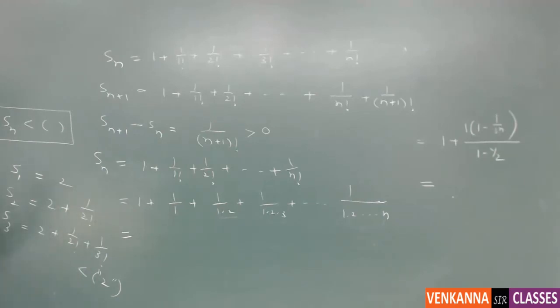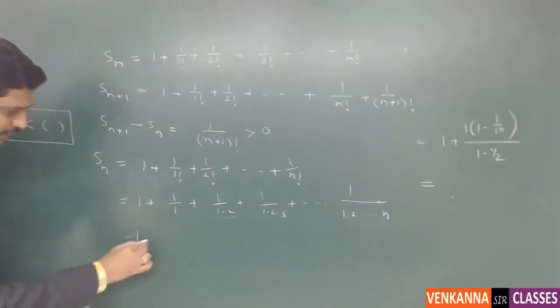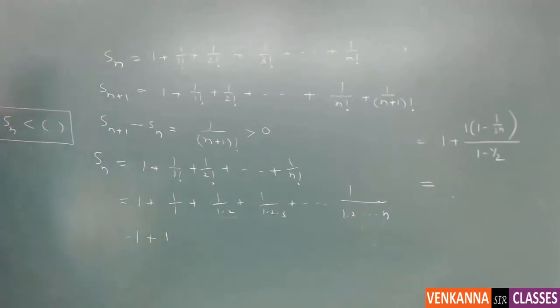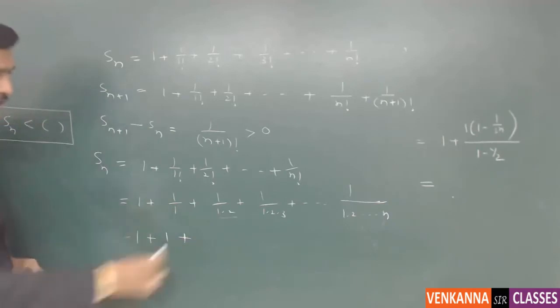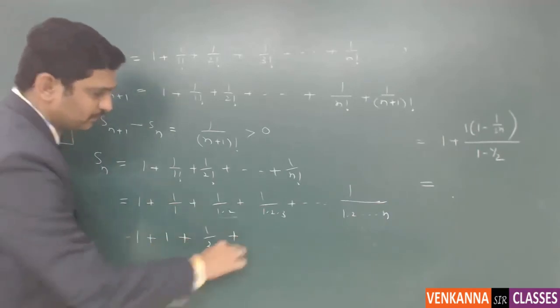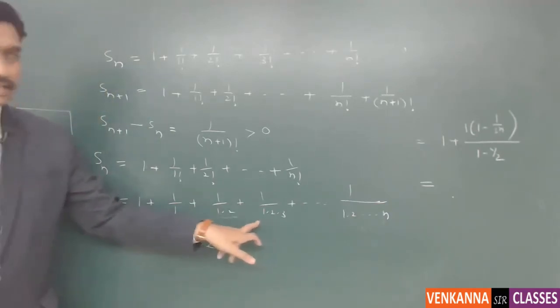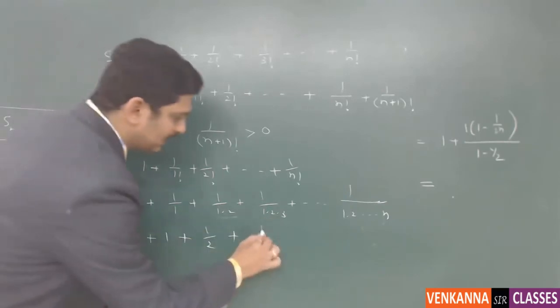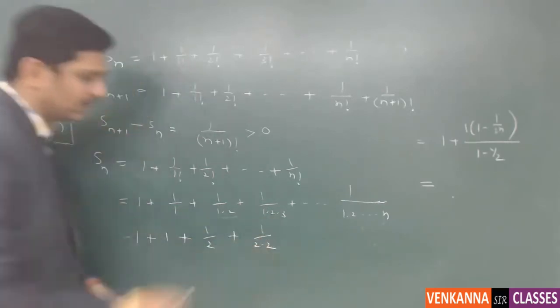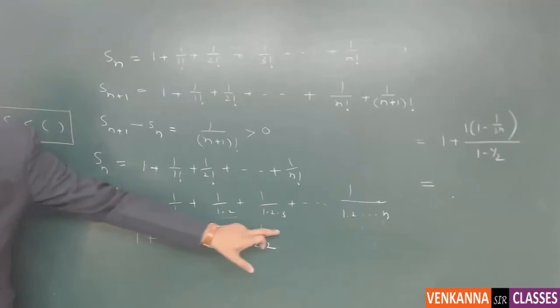That is the ideology. So if you compare the terms here: this is 1, this is already 1, then you have 1 by 2. Here at this position, it is 2 into 3. I can write it as less than or equal to 2 into 2, for 1 into 2 into 3.